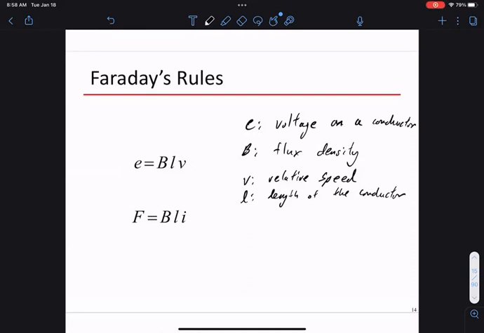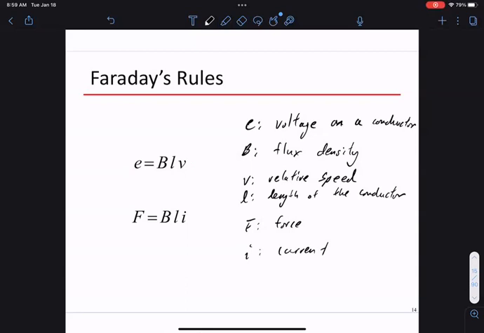And if you generate this voltage, since it's a conductor, it has to give you a current. That's just Faraday's law. So F is the force, I is the current. You take a piece of conductor in a field. If you move relative to the field, you feel a voltage and you generate some current.